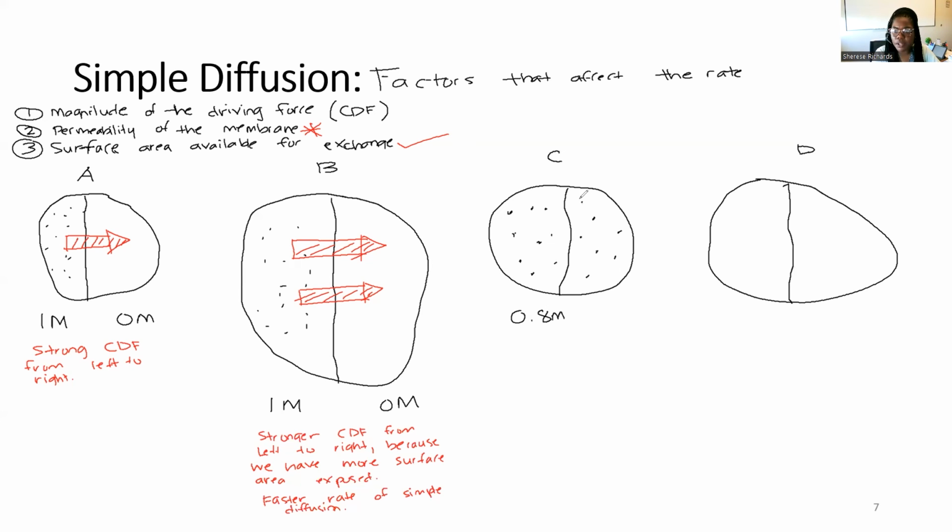So not as big of a gradient as we had in these first two scenarios. So we have 0.5 moles on the right. All right. While we still have a chemical driving force, we still have a gradient for diffusion here. It's going to be a weaker chemical driving force because we have a smaller concentration gradient.